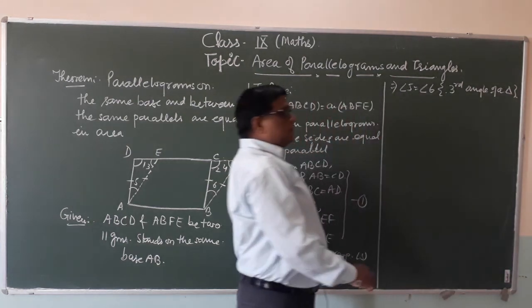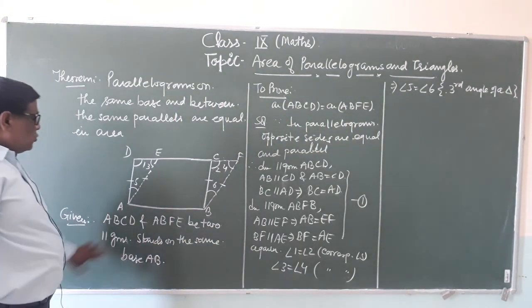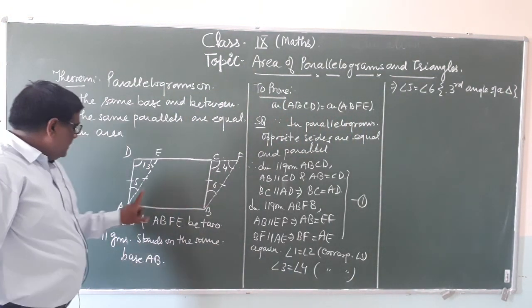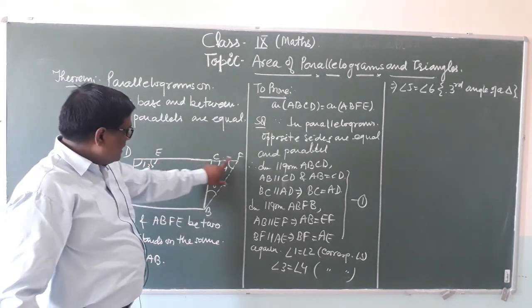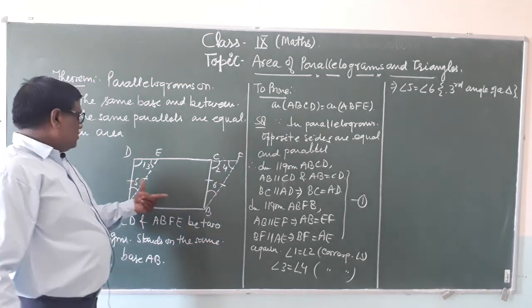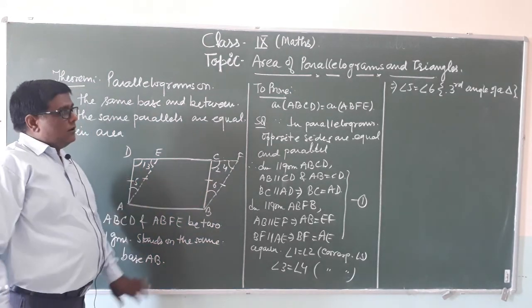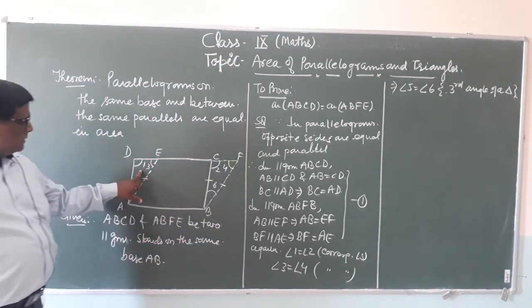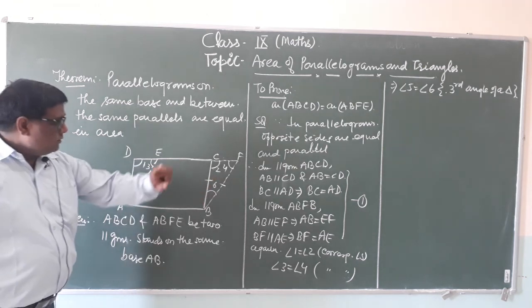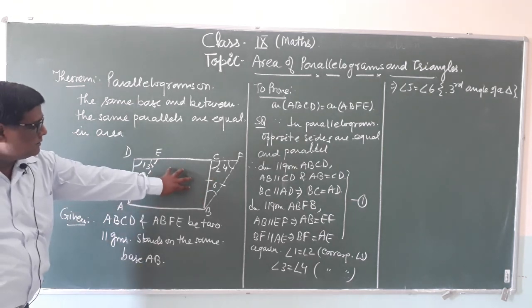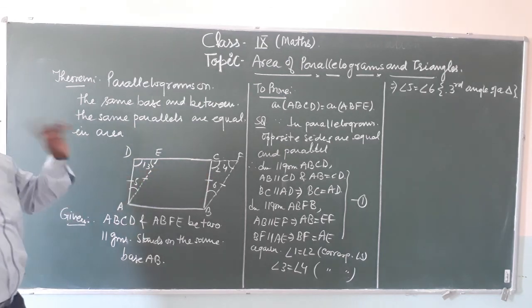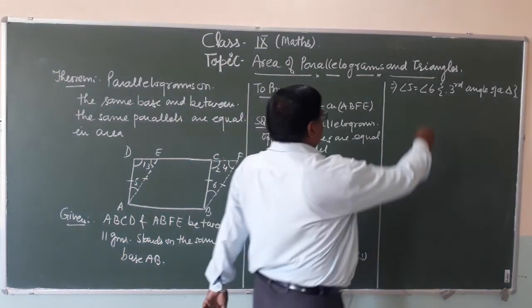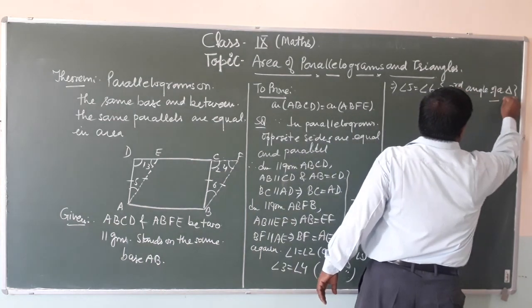It means if any two angles of triangle ADE and BCF are equal, then third angles are also equal. Okay, now we have to prove this triangle is congruent to this triangle, and adding this portion is the same for these two triangles.